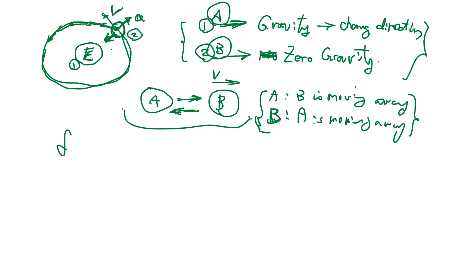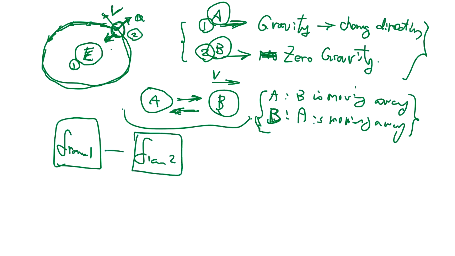So you have frame 1 and frame 2. Frame 2 gets acceleration, and frame 1 doesn't see it. This is independent. So it's not really relative in a sense.